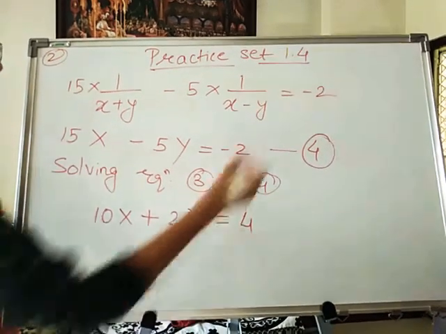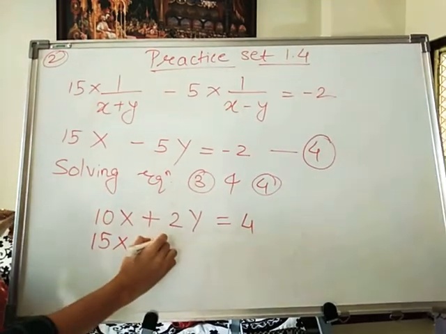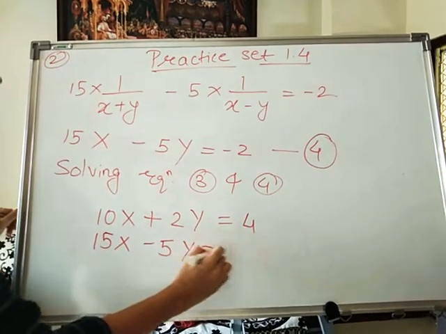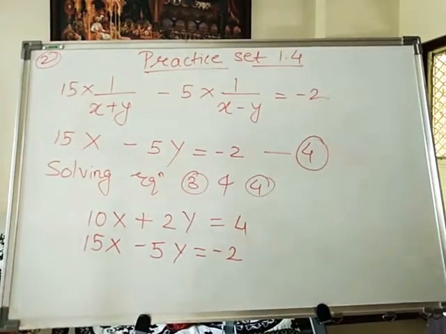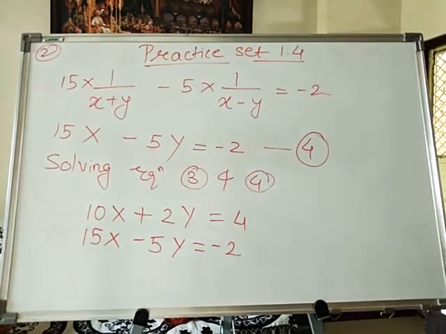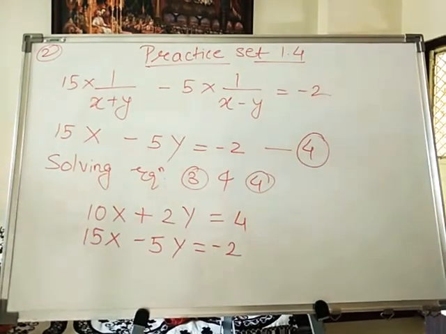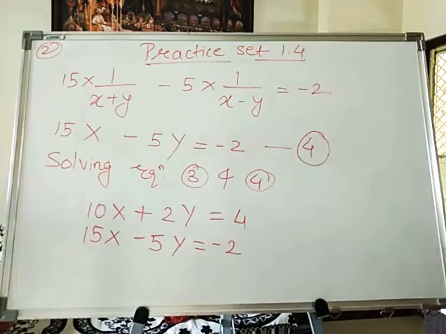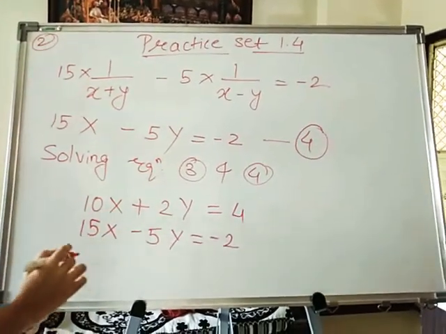This was your third equation. Fourth equation, 15X minus 5Y is equal to minus 2. So solve these equation numbers 3 and 4 now.